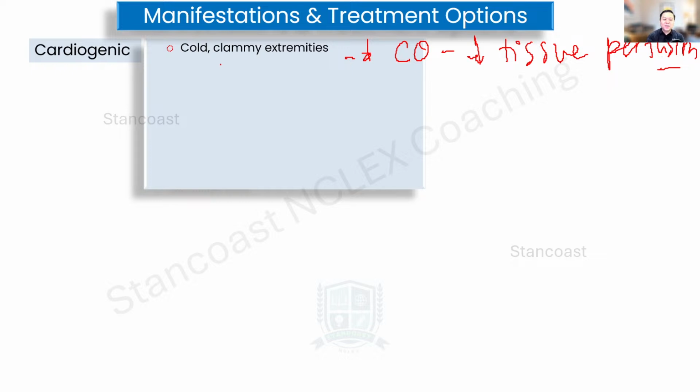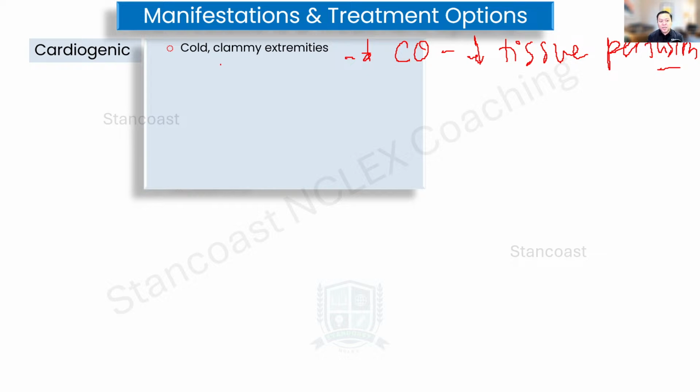Well, the body will sense, hey, I'm not getting enough blood right now because of the poor cardiac output, right? The heart is no longer able to properly pump the ventricle to push the blood out into the systemic circulation, or it's no longer effective in pumping the blood to allow it to get reperfused in the lungs again.